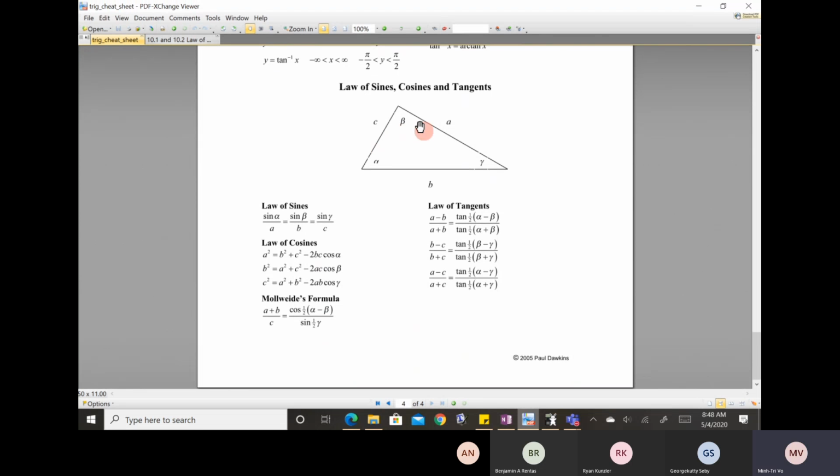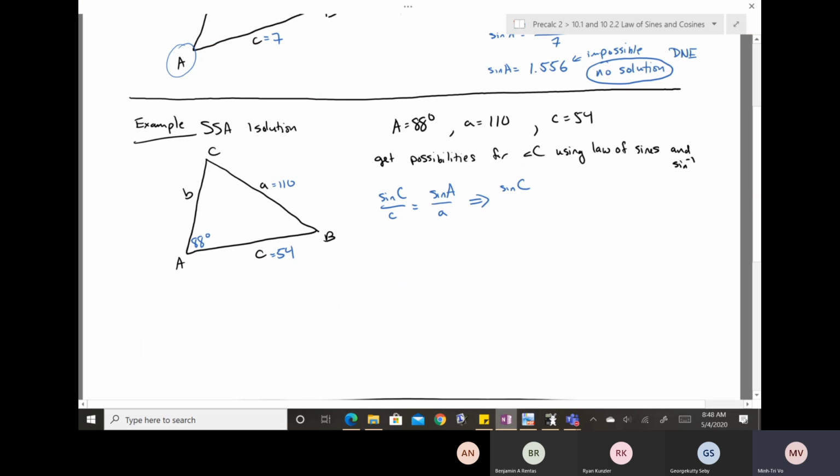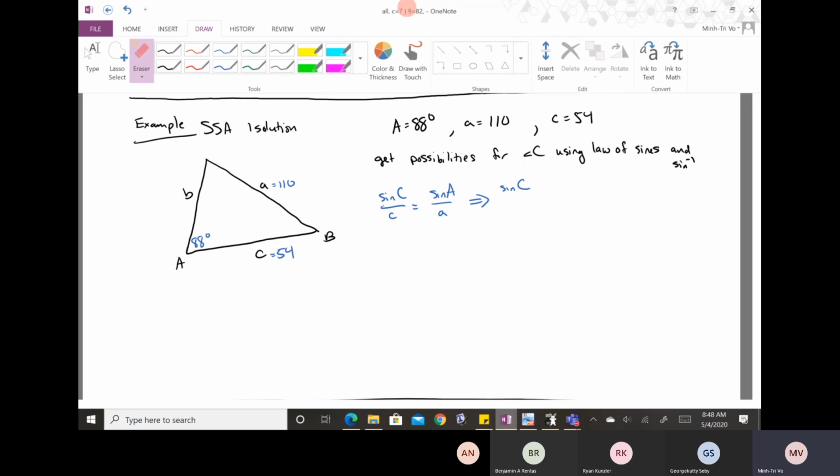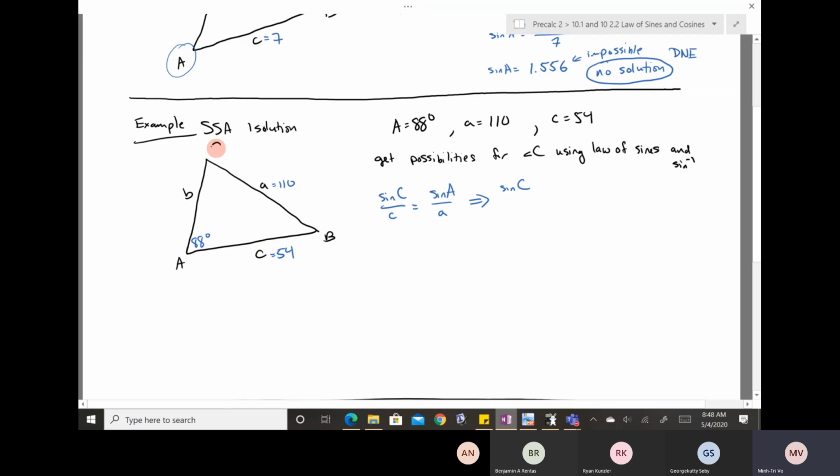The reason they use Greek letters for the angles is that when I write things out, A and B are okay, but lowercase c and uppercase C look exactly the same, so sometimes it's hard to tell them apart. This would be angle C, where uppercase C is bigger than lowercase c.